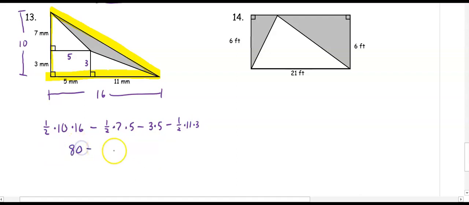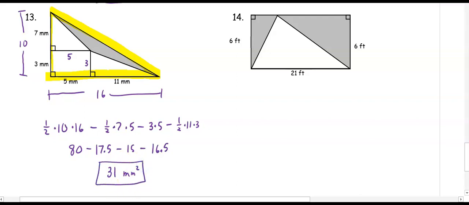So we have 80 minus 17.5 minus 15 minus 16.5. So when we subtract from 80 the 3 parts that are not shaded, we get our area is 31 millimeters squared.